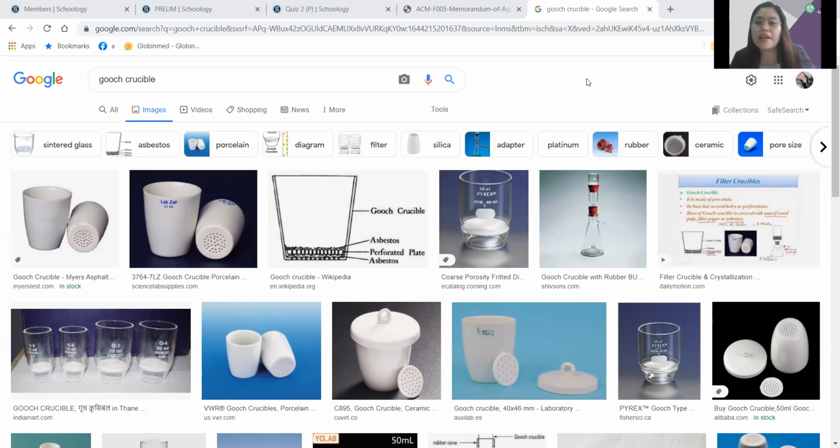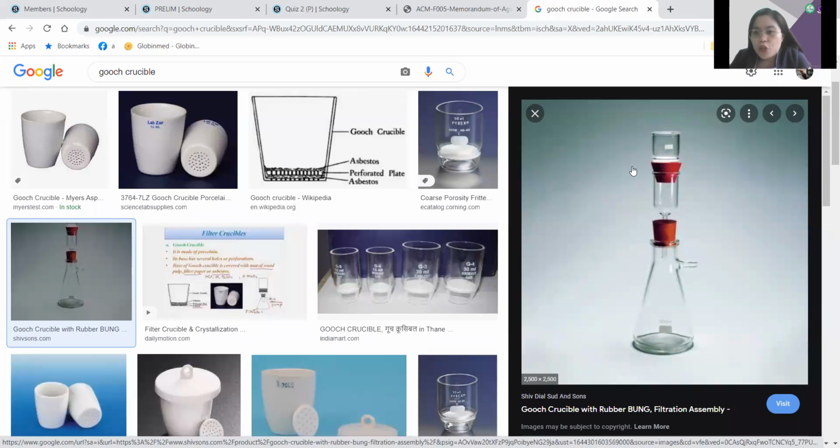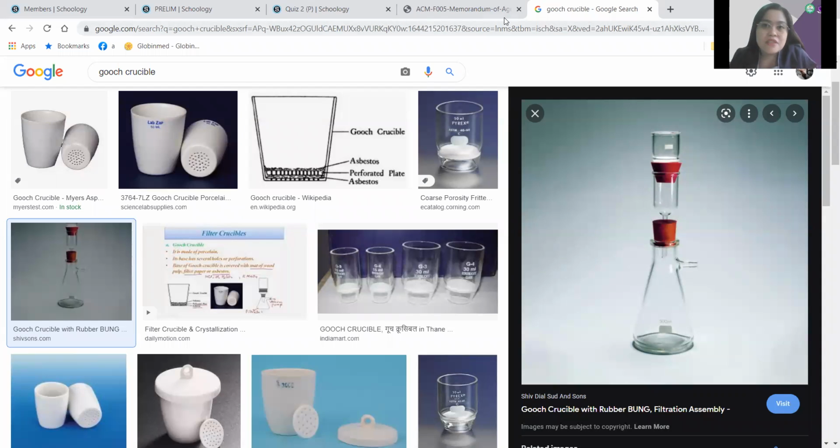That can be porcelain also. And then you can see here, meron ding glass na crucible. So again, all of them are used for filtration. So you can actually attach them to other glass materials in the laboratory to aid the filtration process so that you will easily get rid of the solid material or get rid of the liquid material that is a part of a mixture.